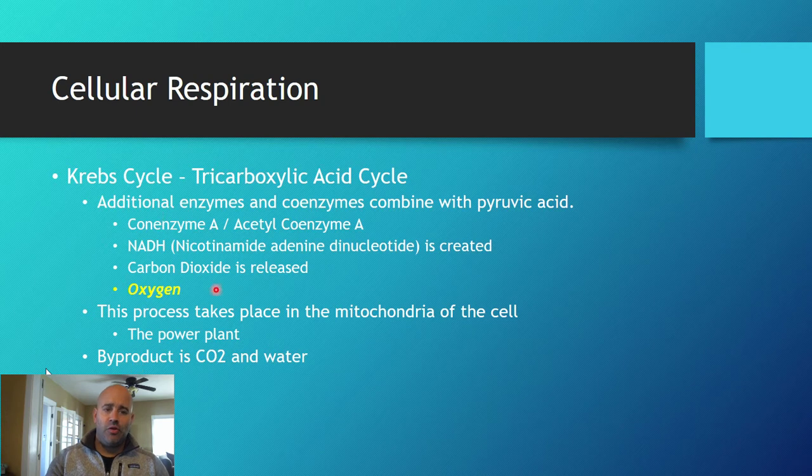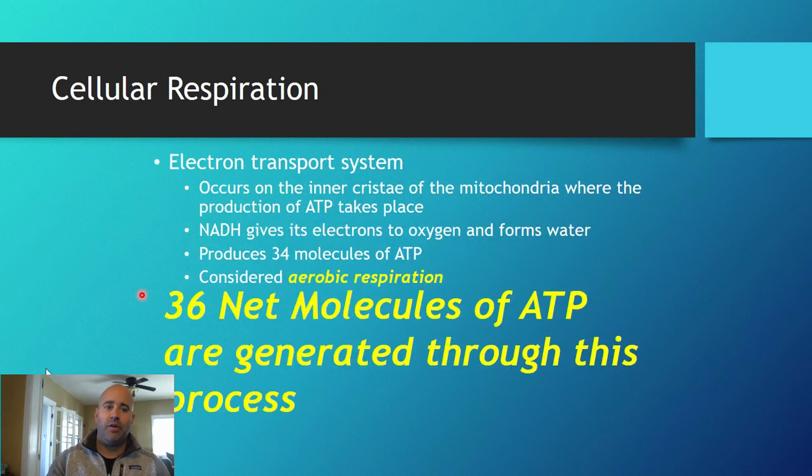Now, in order for it to move on to the electron transport system, oxygen is going to be required for aerobic metabolism. All right. Once that NADH is created and the oxygen is introduced, you get the electron transport system. NADH gives its electrons to the oxygen, and water is a byproduct.